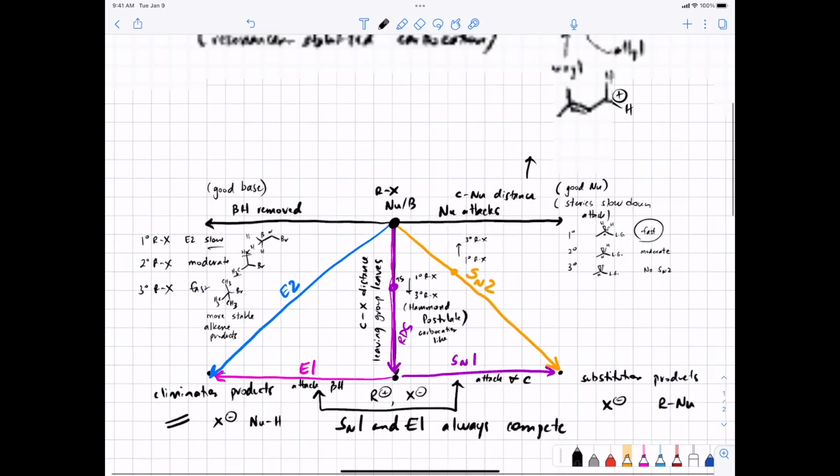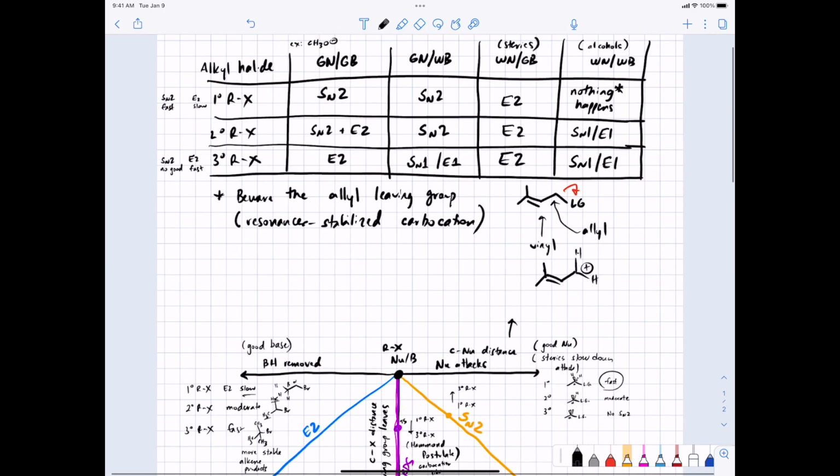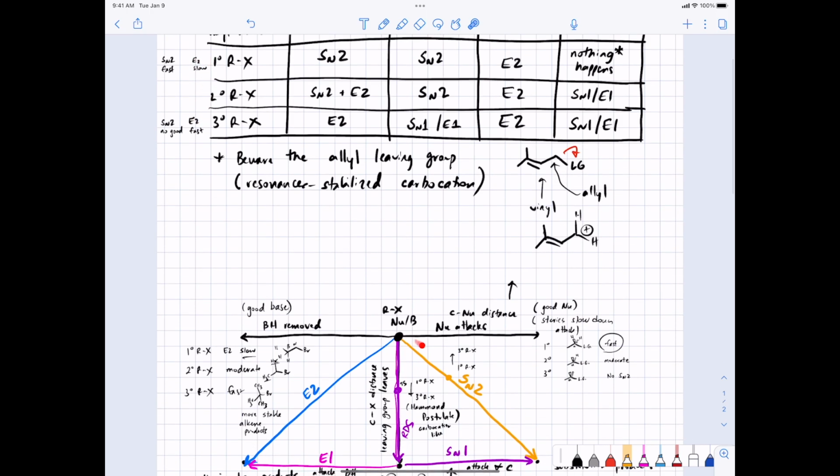So we use that principle up here in the chart where we say that SN2 is fast for primary alkyl halides but is slow for tertiary alkyl halides. So you get that sense for that trade-off, that these two possible transition states go like this depending upon the alkyl halide structure.